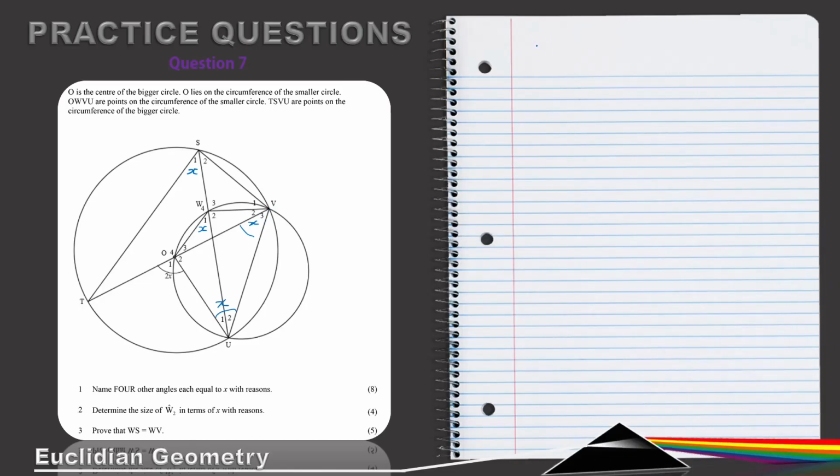So we can say that S1 is equal to x, so angle at center is 2 times the angle at the circumference. Okay, then we can say that V3 is equal to x, angles in the same segment.